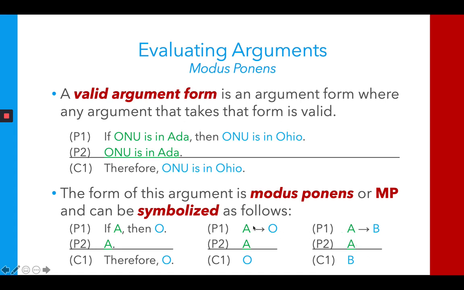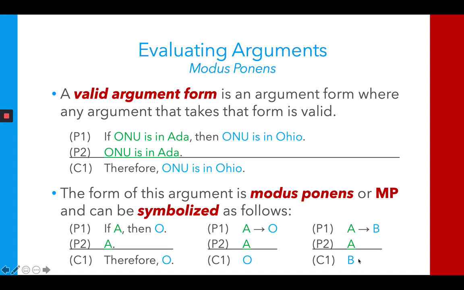There's this sort of coincidence that symbolizing Ohio U is in Ada is easy to symbolize as A, and Ohio U is in Ohio is maybe naturally symbolized as O. But for any argument, say it was like B arrow D, B, therefore D, what's important is that it has the structure: if something, then something else. That first thing is true. Whenever we know these two things, we can infer the conclusion.